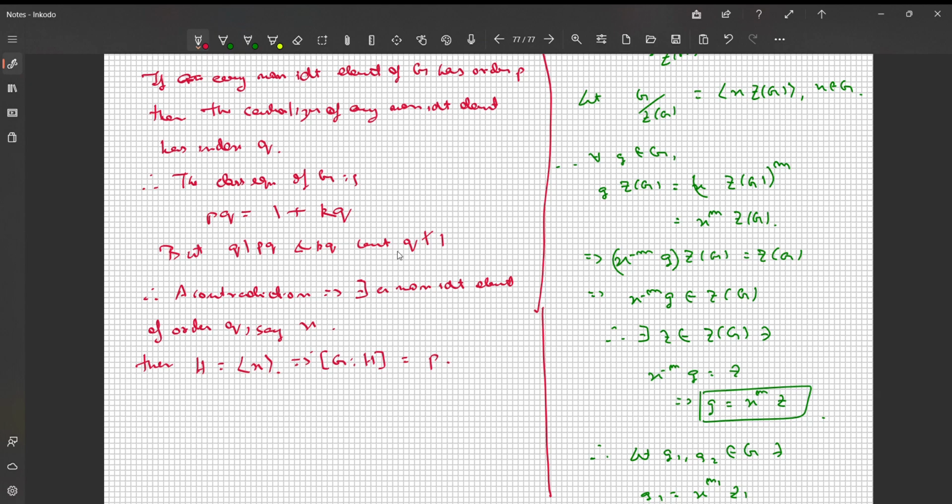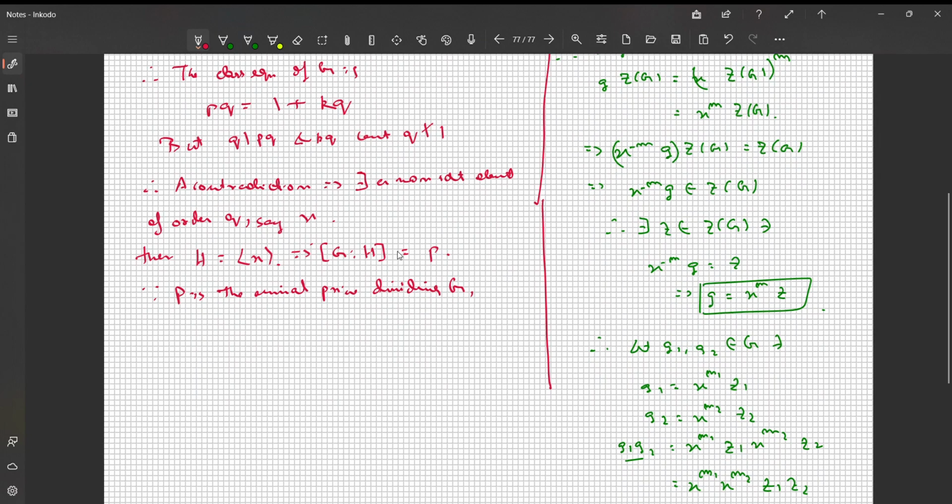But we know that the order of G is PQ and P is less than or equal to Q. So P is the minimal prime which divides the order of G. We know that if P is the minimal prime dividing the order of some group G, and there exists a subgroup of G which has index P, then that subgroup is normal in G, right?